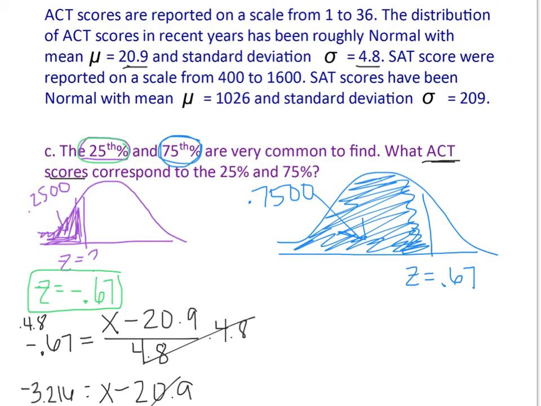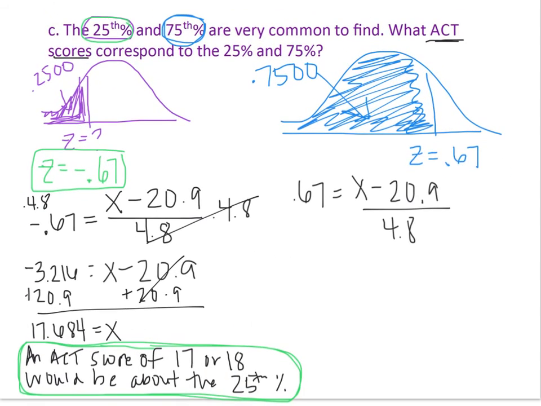So when I go to find the ACT score that corresponds with the 75th percentile, I get 0.67 equals x minus 20.9 over 4.8. When I multiply both sides by 4.8, they cancel on that side, and I get positive 3.216 equals x minus 20.9.